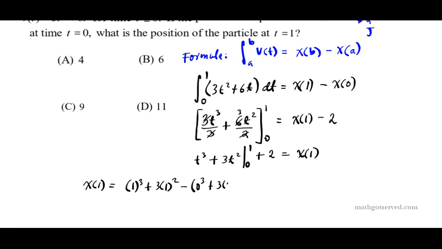Just plug in those limits of integration into the antiderivative, plus 2. Here we have 1 to the third, which is just 1, plus 3 times 1 squared, which is 3. So that's 4, minus 0. Final answer is 4. Your answer is option letter A.